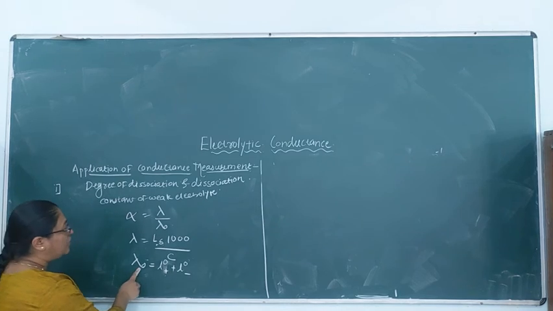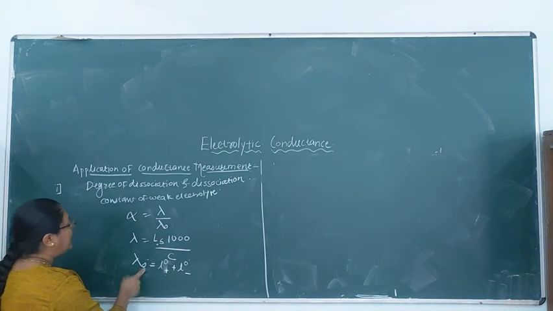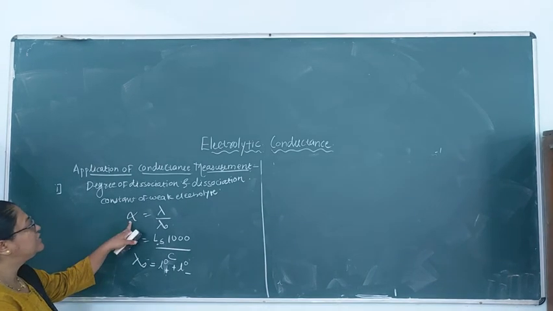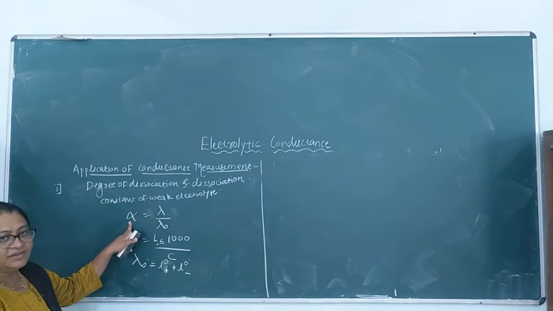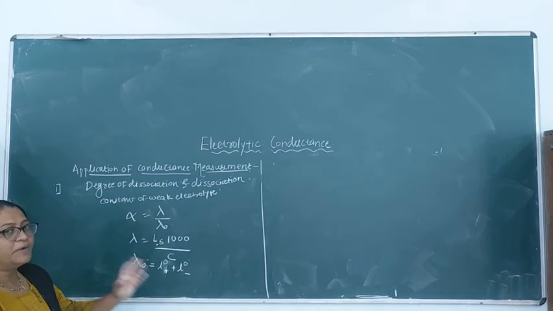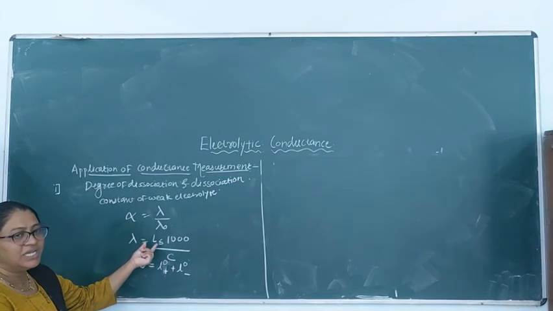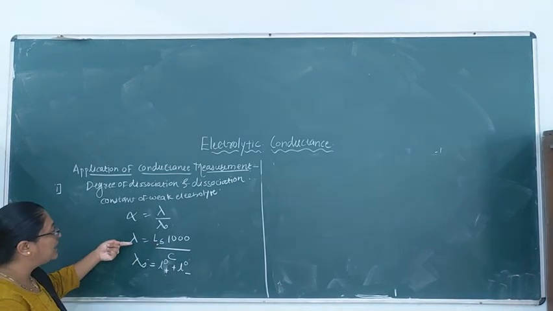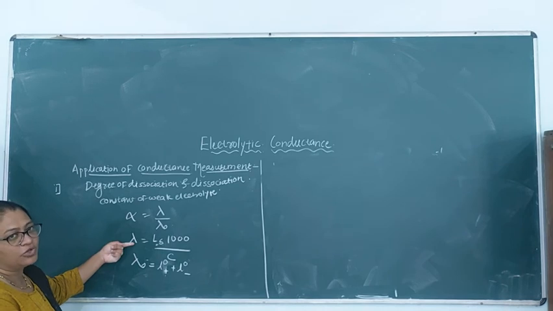From the Kohlrausch law, we can calculate lambda 0, right? And therefore, we can calculate obviously alpha. So, the degree of dissociation for the weak acid or weak electrolyte can be calculated by preparing a particular concentration and measuring its conductance. So, we can calculate specific conductance and therefore, we can calculate its lambda at that concentration.